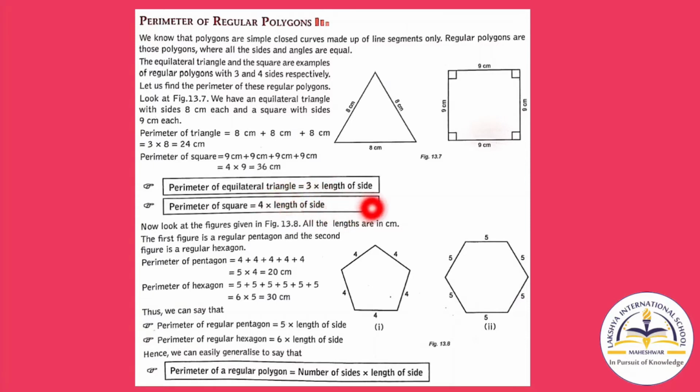Now for the perimeter of a square, in a square also all sides are equal. You can see 9 centimeter, 9 centimeter, 9 and 9. So we can write perimeter of square equals 4 into length of side. Now accordingly the perimeter of a regular polygon is number of sides into length of side.